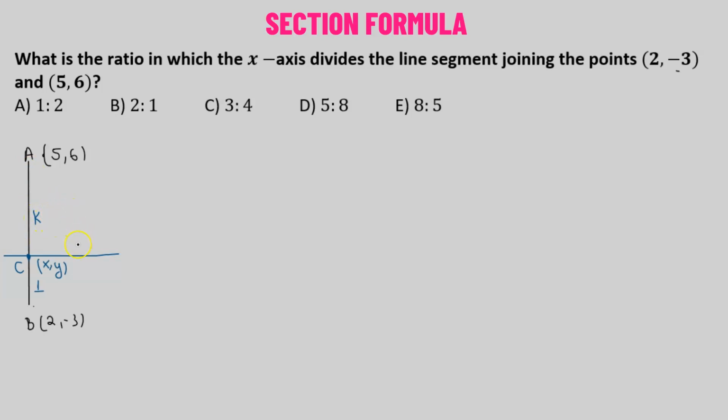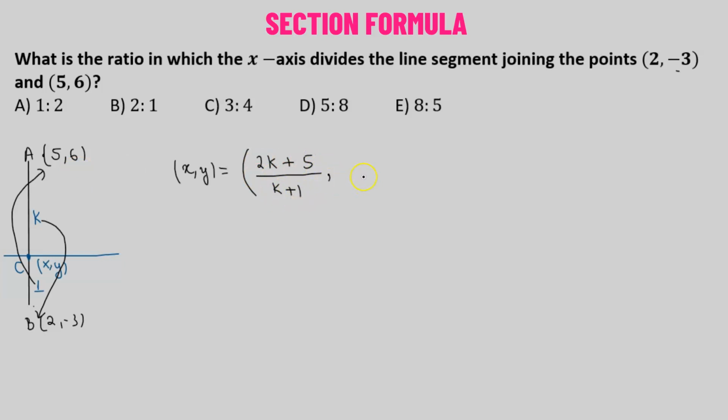Fine. So here all we have to do is use the internal section formula. So let us begin. The coordinates of point C, which is (x, y), will be given by using the internal section formula. So we will take k and multiply with B, and then we will take 1 and multiply it with A. So we have k times the x-coordinate of B, so that's 2, added to 1 times the x-coordinate of A, so 1 times 5, divided by the sum of the ratios, k plus 1.